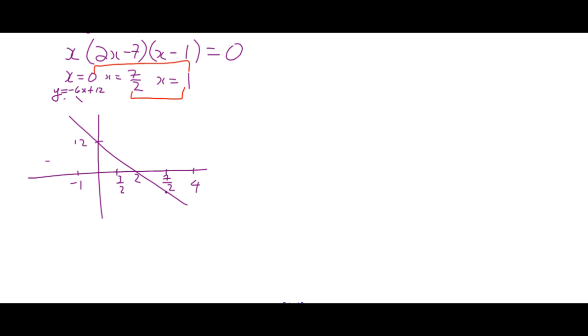Okay, so they're going to cross here at 1, and they're going to cross here at 0. And it's got a 0 there, and then there. Okay, either way. We got 0, we got 1, and we've got 7/2.